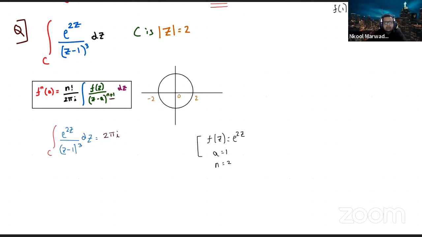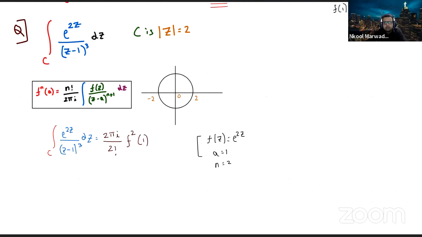So 2 pi i upon 2 factorial into the derivative of f, 2 times, at a, and a is 1. So this now I have to find.